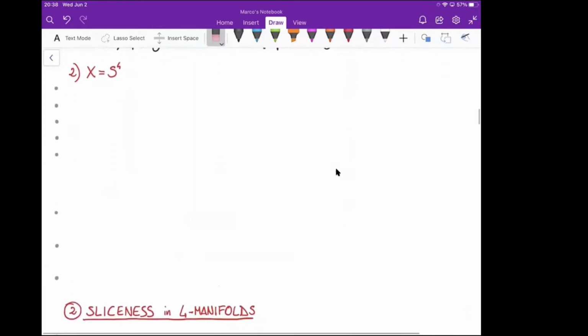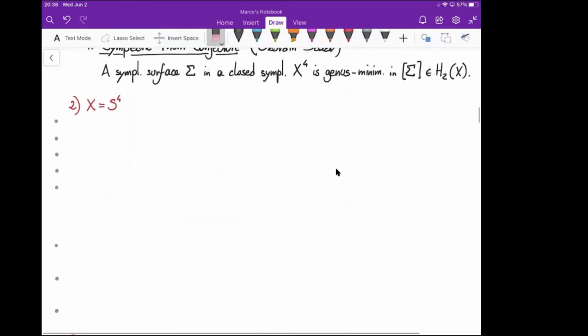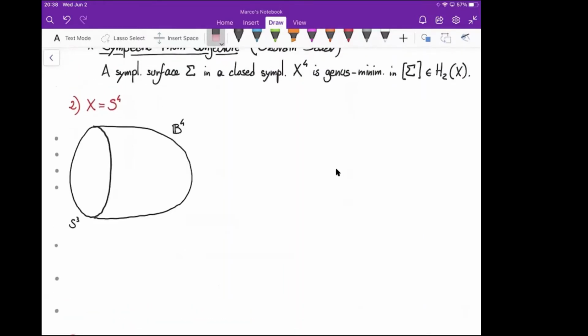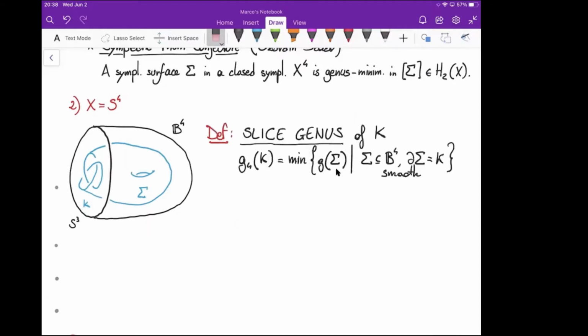When you remove a four-ball, what you get is B4. So what you're really looking for here is, given a knot K in S3, what is the minimum genus of a surface with boundary that knot? That's also another classical question, the question of the slice genus. We say that the slice genus of a knot K, denoted by g4 of K, is the minimum genus of all smoothly embedded surfaces in B4 with boundary the given knot K.